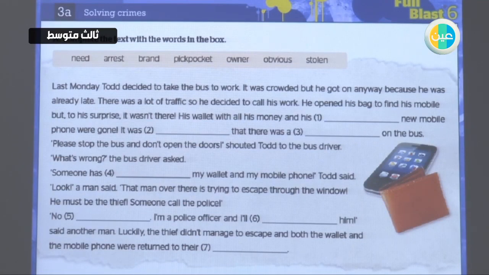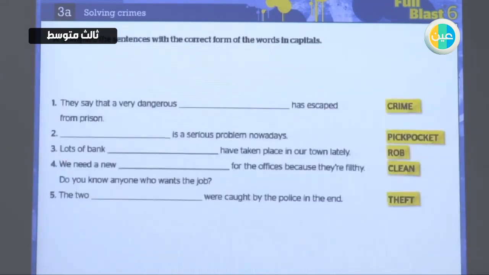Exercise A, you're going to do it as homework. Let's move to exercise B. We're going to complete the sentences now using the correct form of the words in capitals. We have crime, pickpocket, rob, clean, and theft.